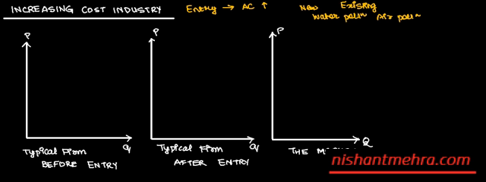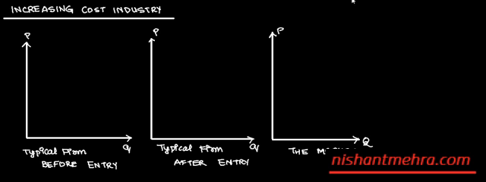So let's look diagrammatically at exactly how the increasing cost industry long run supply curve will look like. If you look at it, there's an initial equilibrium price at, for example, P1. Let's draw such a curve.